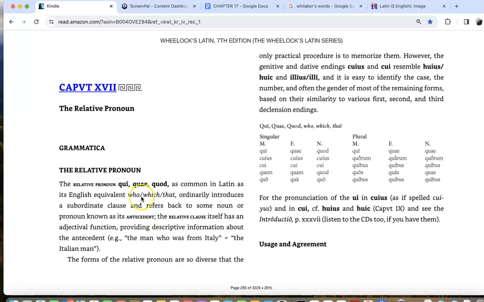So one of the challenges with this chapter is just sorting in your minds basic English grammar and what that looks like in Latin, and in particular being able to recognize the main clause, or the independent clause, or the subordinate clause in Latin.